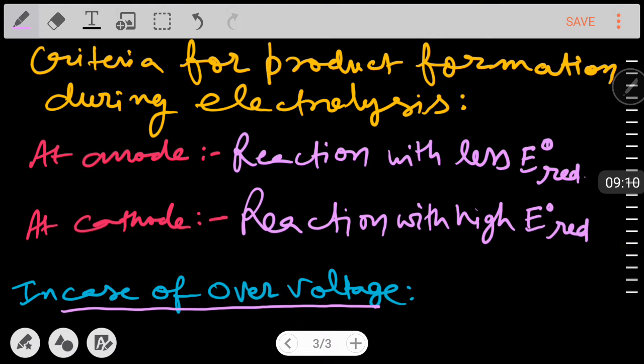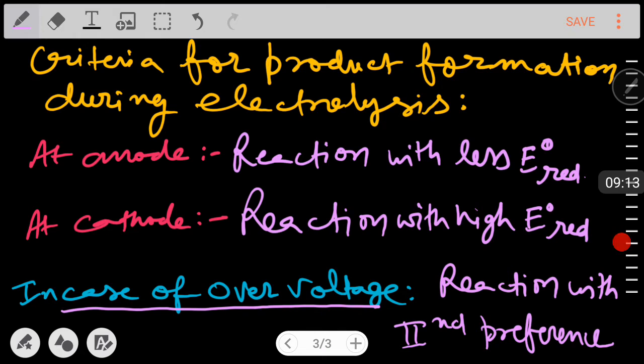First preference reaction cannot take place as it is very slow at the applied potential. It requires high potential to occur with appropriate rate. So reaction with second preference will take place if there is the phenomenon of overvoltage.